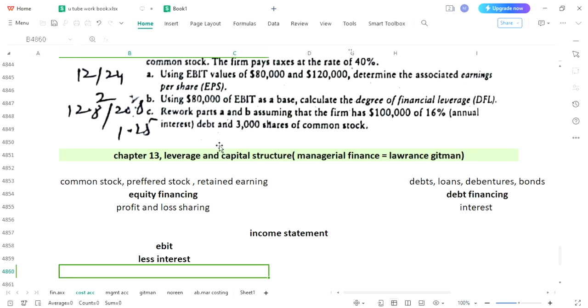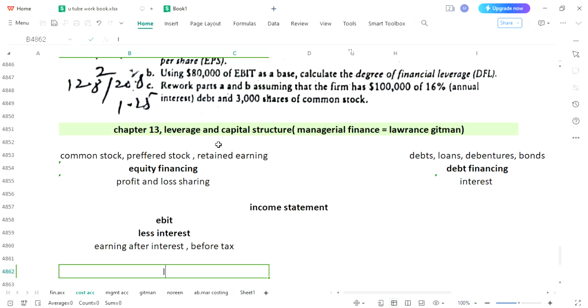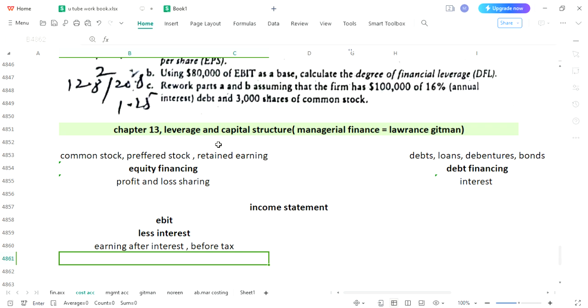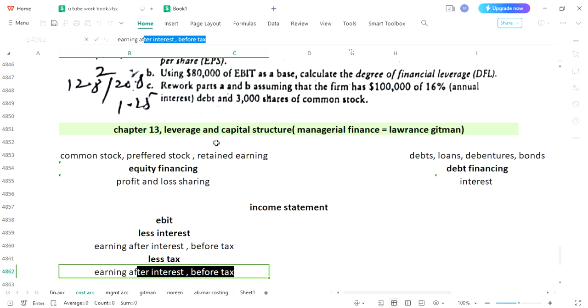You will get earnings after interest but before tax, and then you will subtract your relevant tax over here. So here you will calculate your tax, with which you will get earnings after interest and after tax.